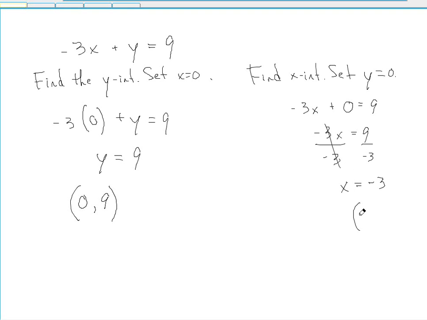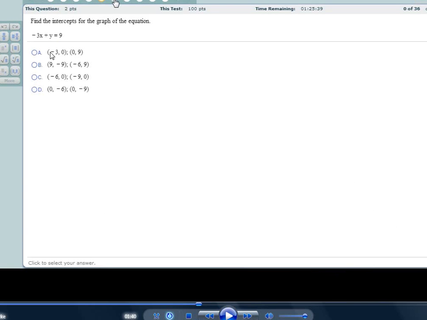That's your x value when the y value was 0. So if you go back over, there it is, choice A, (negative 3, 0). But you could save yourself time since none of the other three answers had (0, 9) in it. And by the way, if you found the x-intercept first and you found (negative 3, 0), you'd see the same thing. The other three choices don't have that, so it has to be choice A.